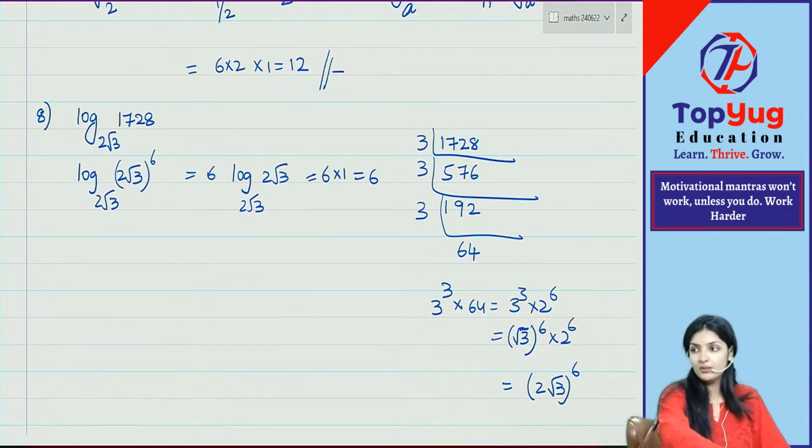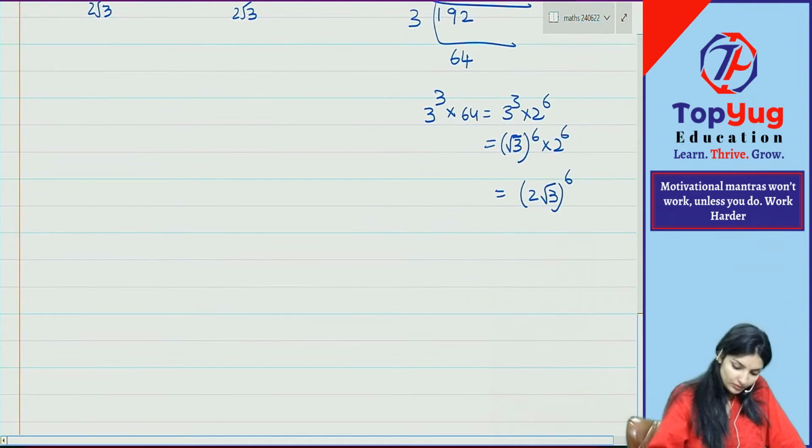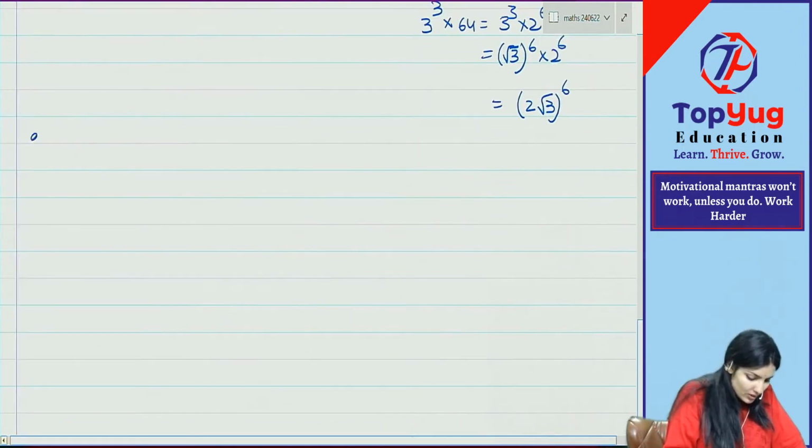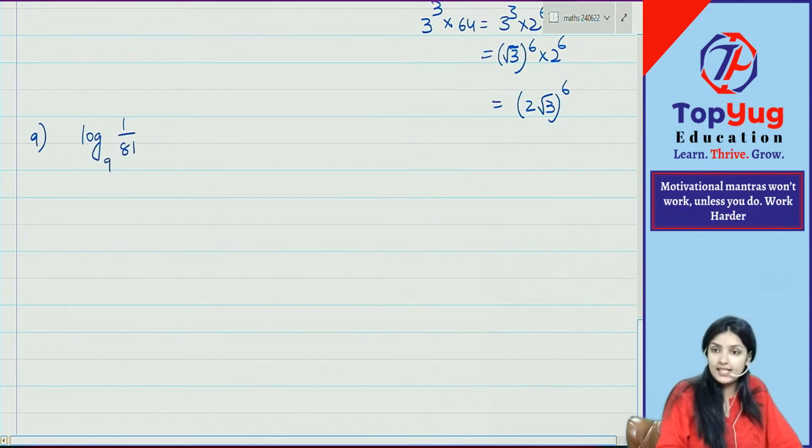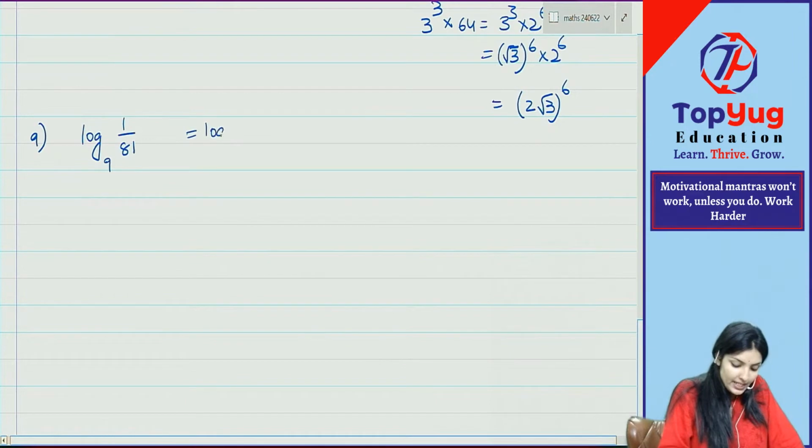Shall we proceed further? So now the ninth one, log 1 by 81 to the base 9. Can I write it as log 81 to the power minus 1 to the base 9? 81 can I write as 9 square.